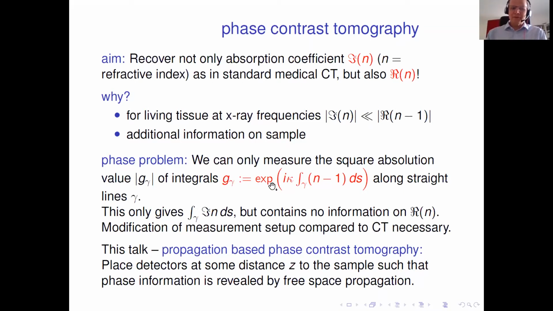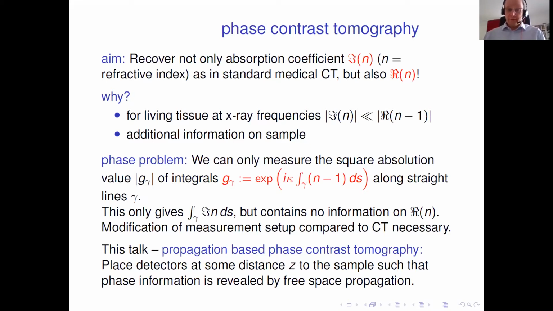Actually you measure the exponential of line integrals, so it only has an influence on the phase of this measured data, and it leaves the absolute value the same. So actually, from this type of measurement, we have no information at all on the real part of n, but only on the imaginary part of n.